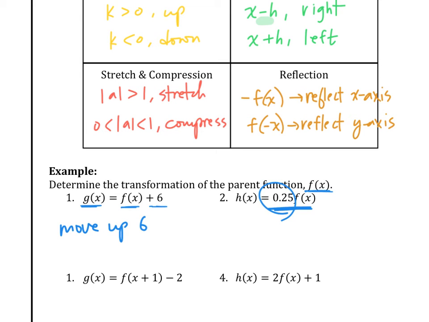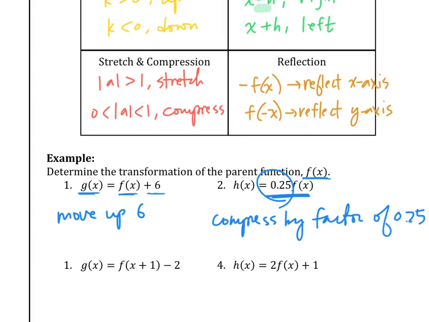The question is, is it stretch or compress? Well, we have to put a in absolute value, and so it is still a positive 0.25, so this is going to be compressed. So compress by a factor of 0.25.